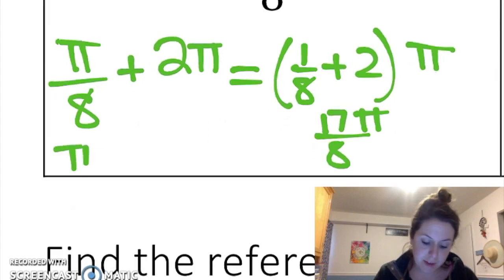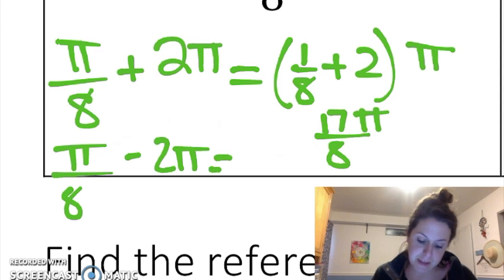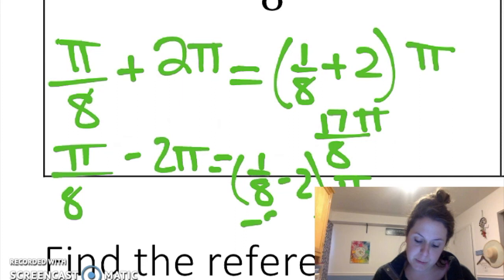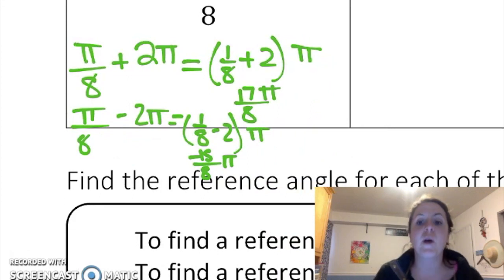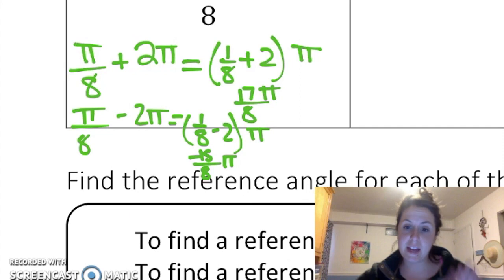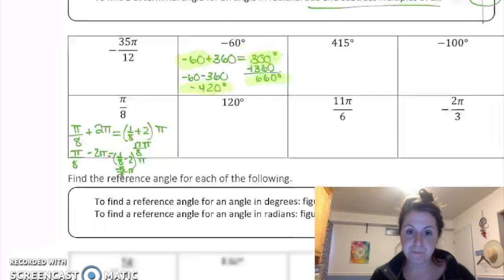It would also work the other way if you subtracted 2 pi. That would be 1/8 minus 2 times pi, which would be negative 15 over 8 pi. Now, you also could convert that to degrees and get your answer that way. The only problem is if it wants an answer in radians, you may need to convert back.